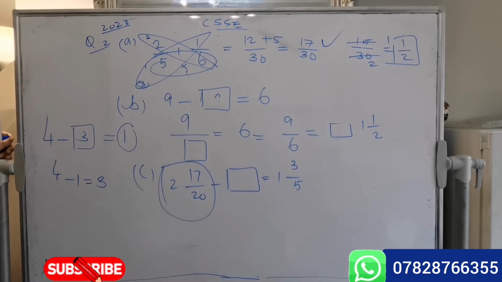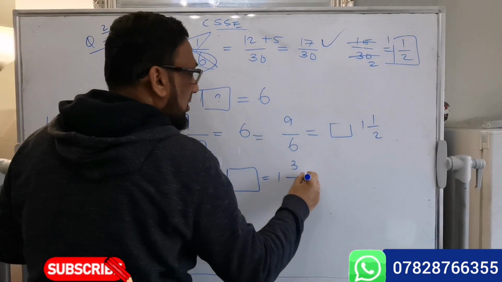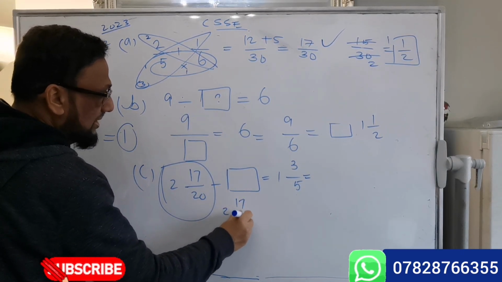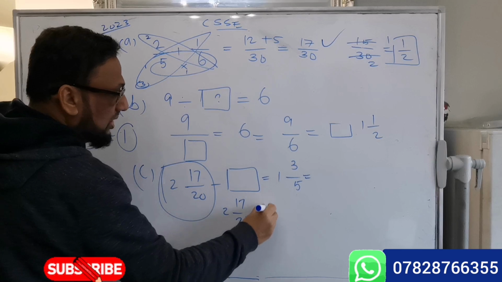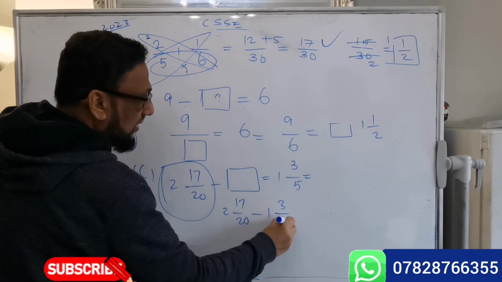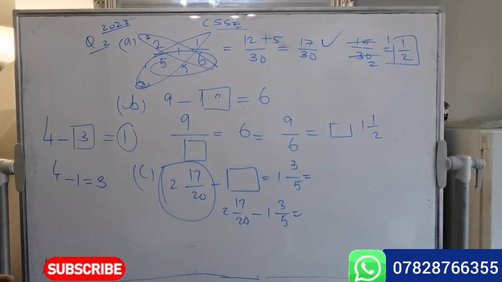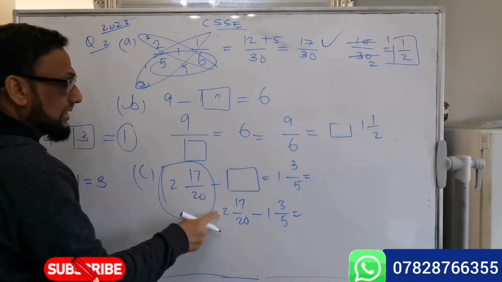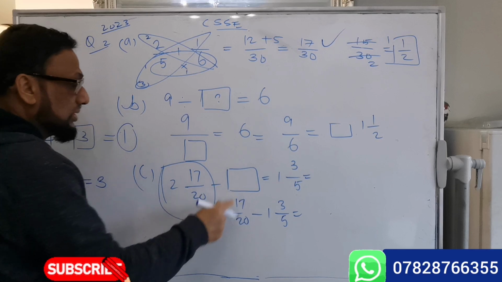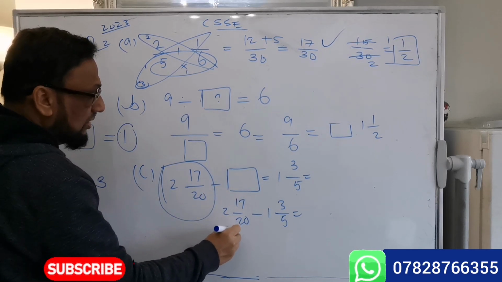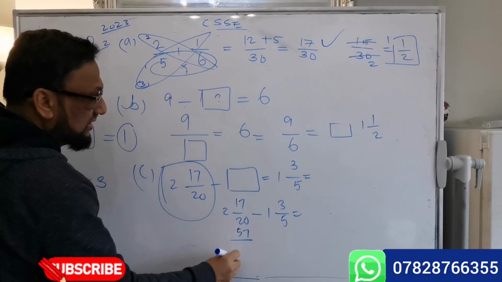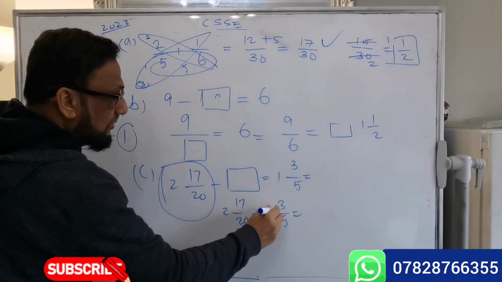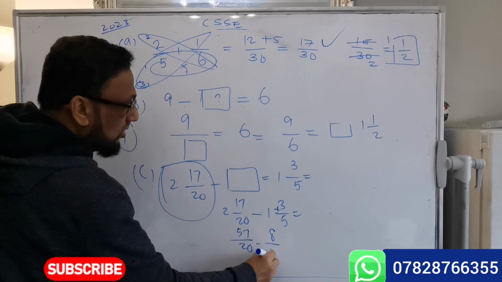Exactly the same thing you need to do here. So 2 and 17 over 20, you need to subtract this value, 1 and 3 over 5. The first step: convert to improper fractions. So 20 times 2 is 40, 40 plus 17 is 57, so 57 over 20, and 5 times 1 is 5, plus 3 is 8, so 8 over 5.